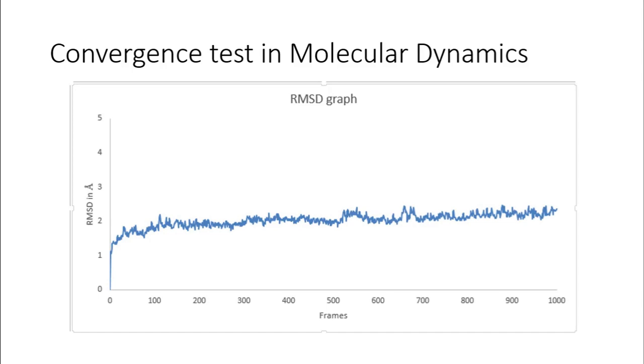The technique used to model such movement is called molecular dynamics simulation. Is it clear now? Yes, sir. So if you want to simulate the motion of your protein, you would be doing molecular dynamics simulation. Is it clear now? Yes.